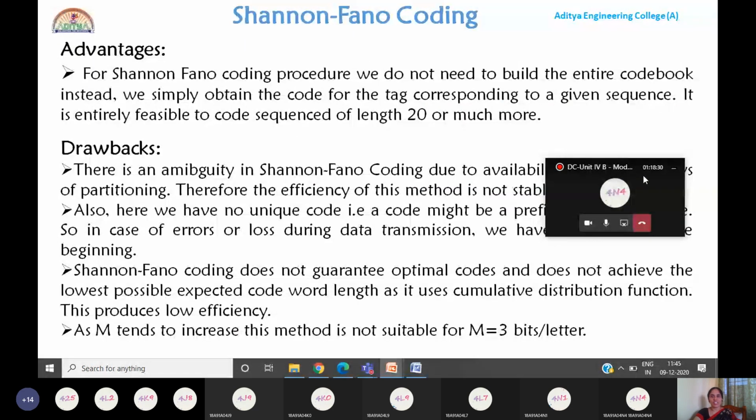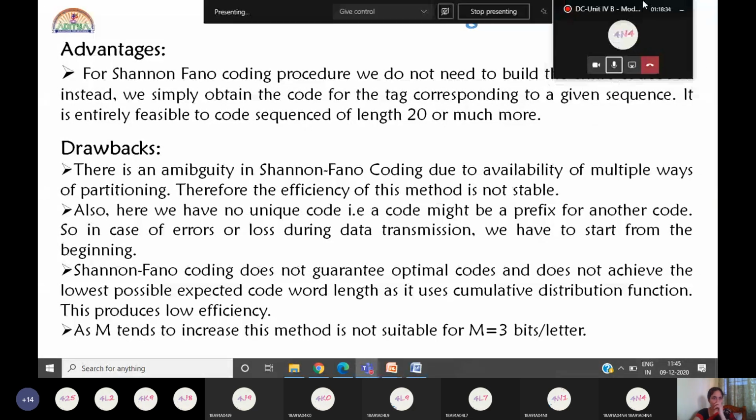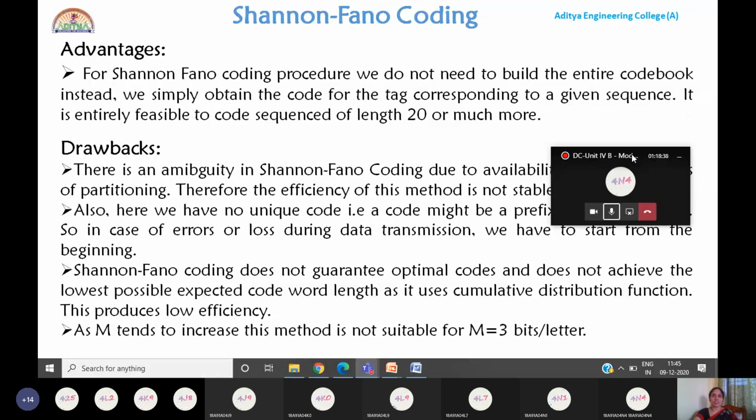Now please all of you observe this slide shown here. The advantages of Shannon Fano encoding process. In the Shannon Fano coding procedure, we do not need to build the entire code book. Instead, we simply obtain the code for the tag corresponding to the given sequence. So it is entirely feasible to code sequences of length 20 or much more.